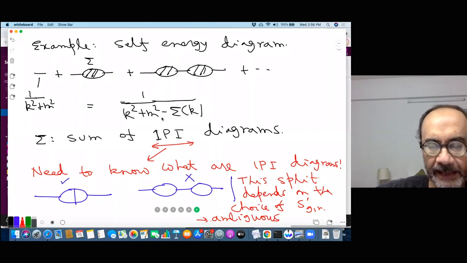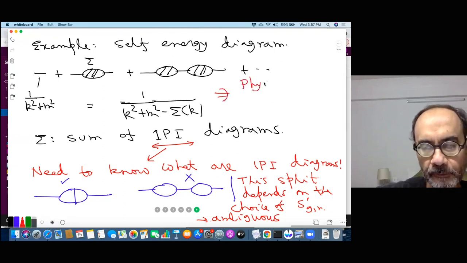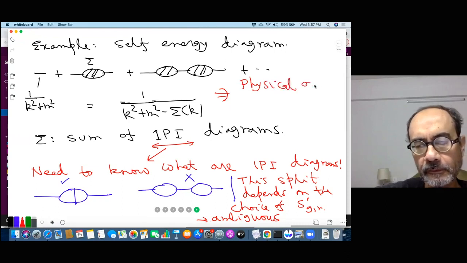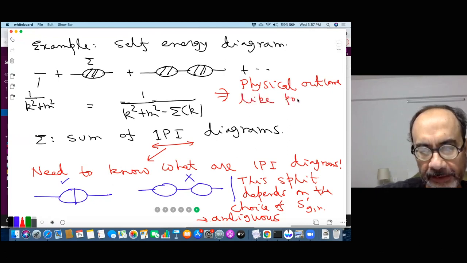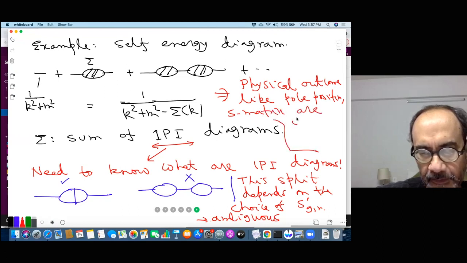What is guaranteed at the end is that while sigma of k depends on this choice, all physical quantities that you derive from here, so physical outcomes like pole position, that is the spectrum, or the S matrix, are independent of the choice of S prime 0 or S prime g,n.